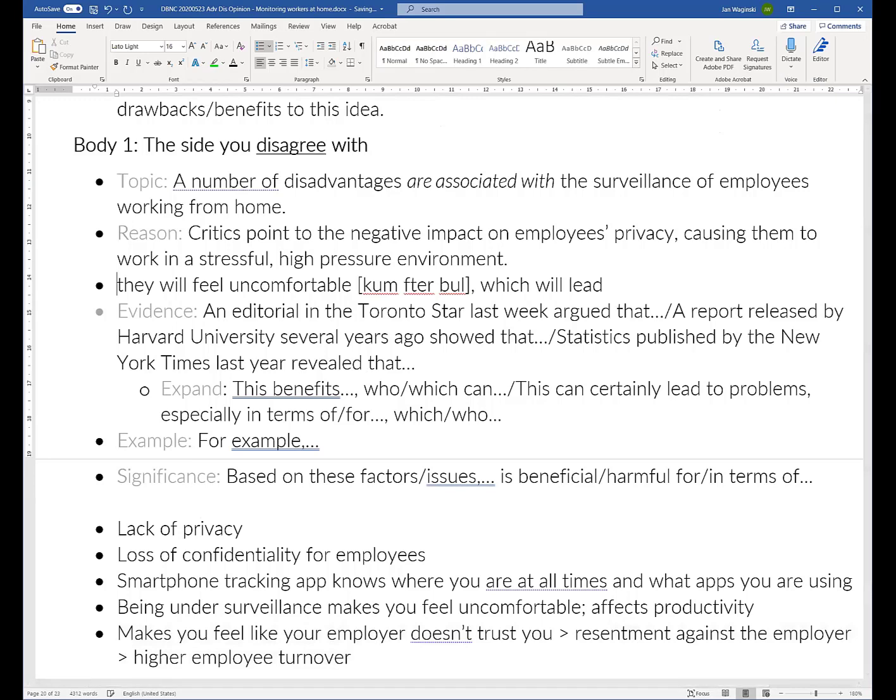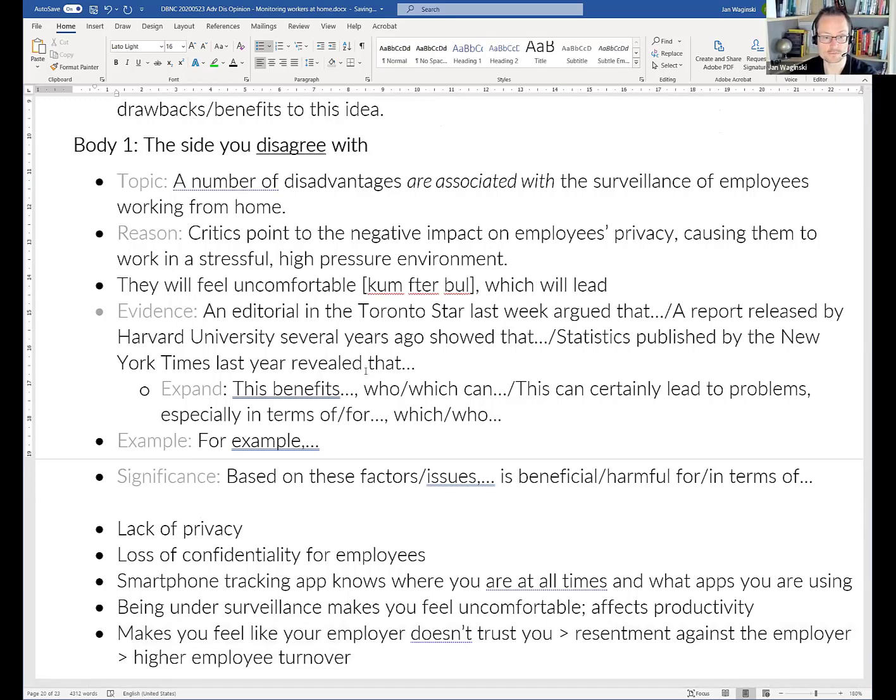So here we've got a new sentence. They will feel, this is expanding. The negative impact on employees' privacy, making them... critics point to a negative impact on employees' privacy.